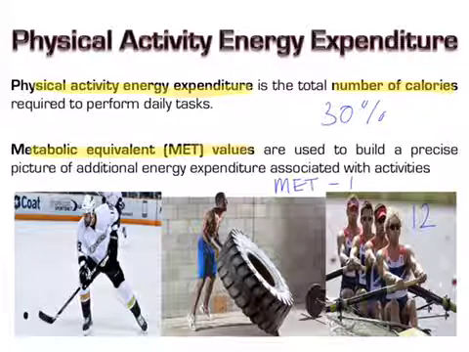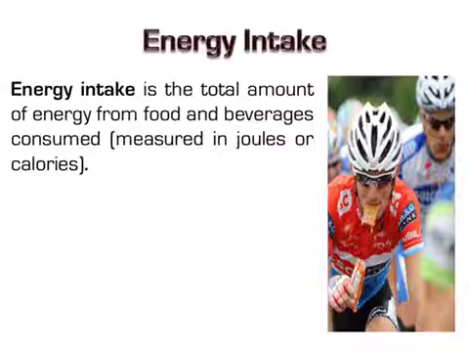Circuit training, depending on the type, would have a MET value of 8, and ice skating would have a MET value of 7. So again, remember that it's 1 kilocalorie per kilogram of body mass per hour, and that is the equivalent to an oxygen uptake of 3.5 millilitres per kilogram per minute.